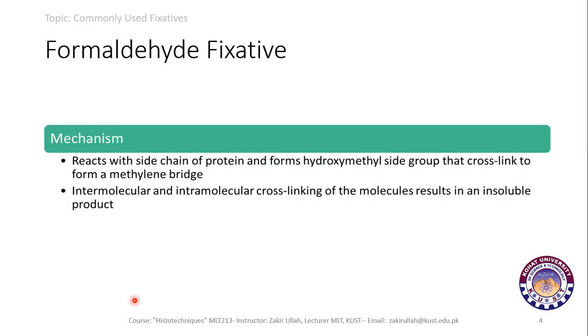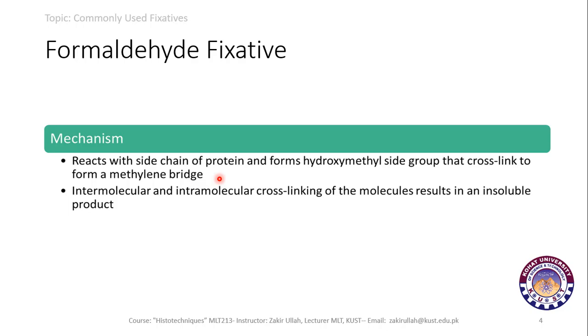The mechanism of action of formaldehyde or formalin: this formalin reacts with the side chains of proteins and they form hydroxymethyl side groups. These hydroxymethyl side groups cross-link to form a methylene bridge.